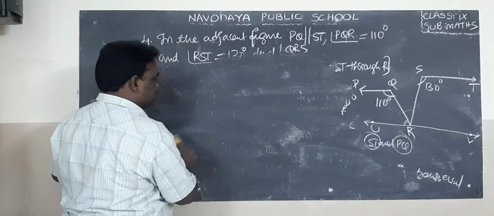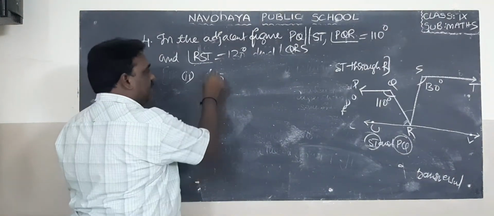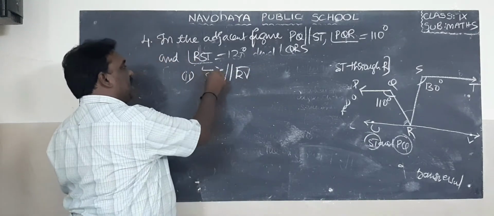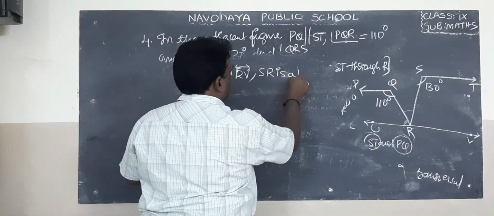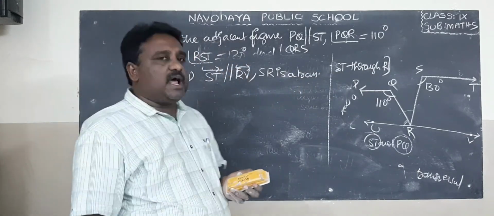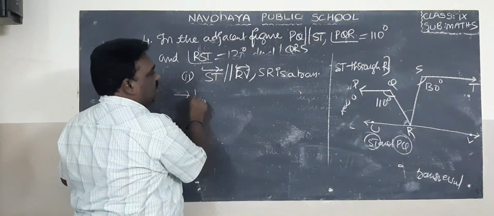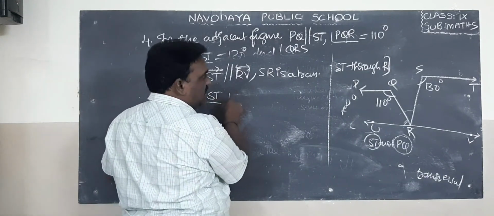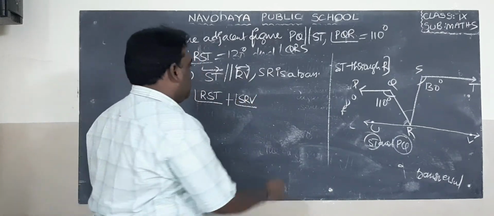The second part is what? ST is parallel to RV, and SR is a transversal. Again, two angles: angle RST plus angle SRV equals 180.